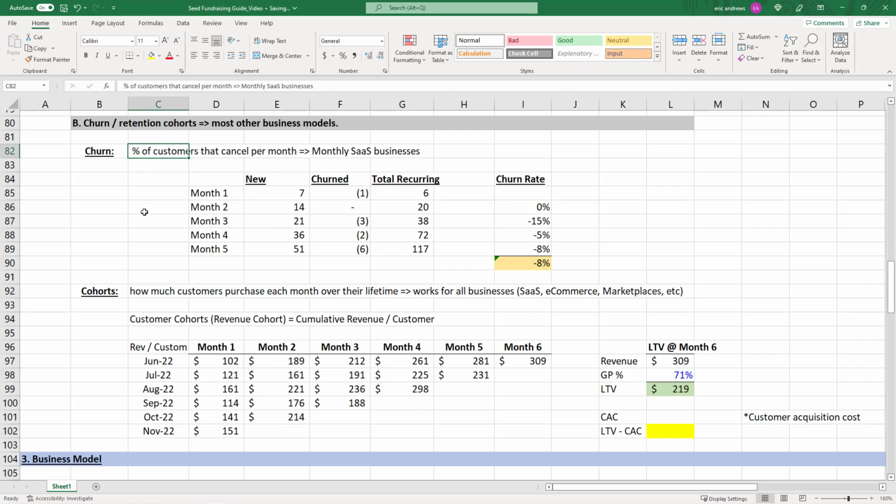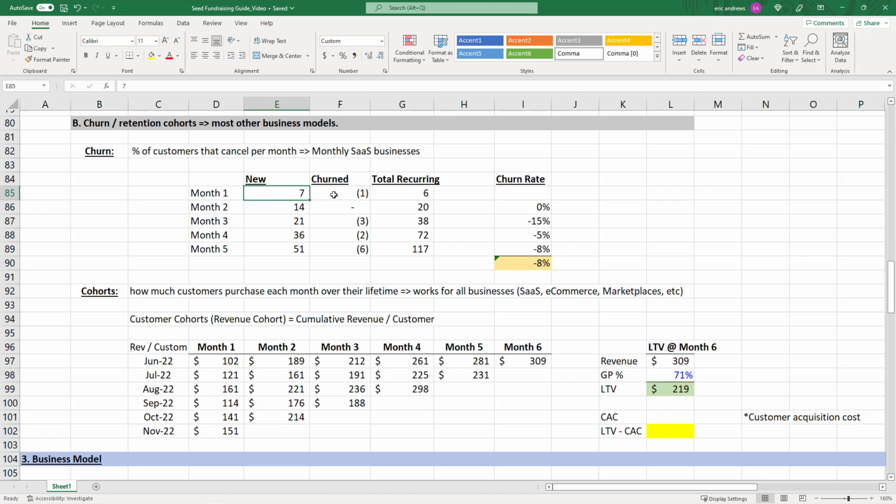Businesses where the customers have signed up to pay every single month. In order to stop paying, they need to specifically cancel. So churn is the cancellation rate per month or per period of time that they've signed up for. That could also be per year. So in this case, you have new customer signups, churned, which are cancellations, and then total recurring.